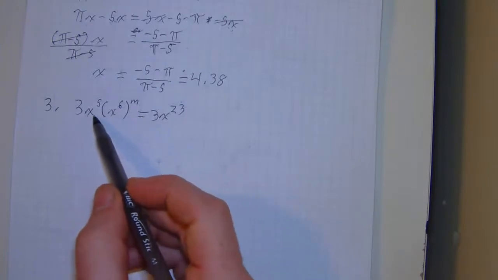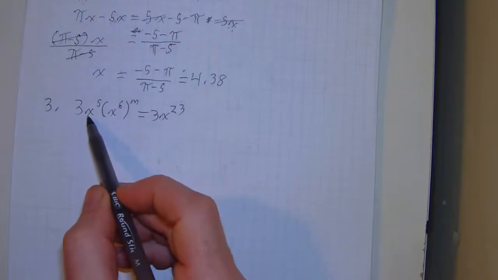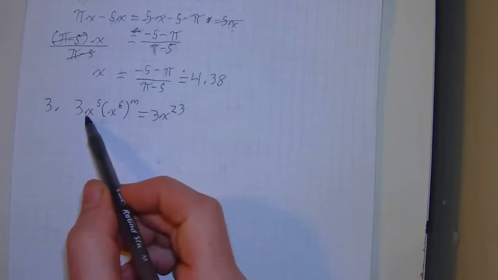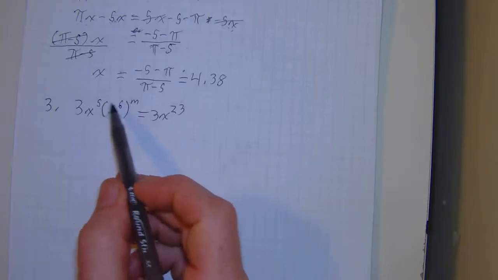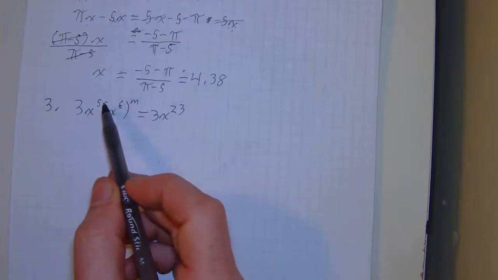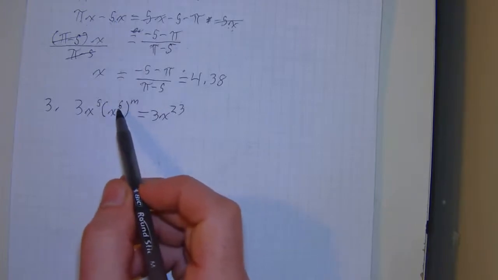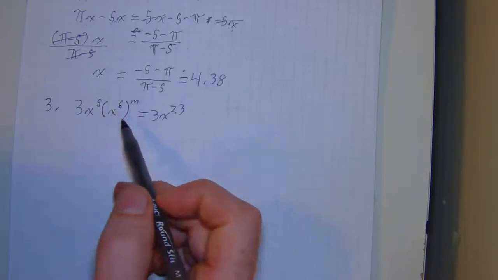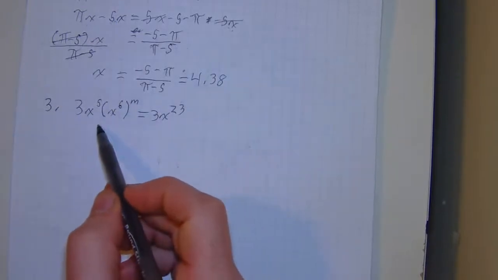A lot of students might think, okay, x to the 5 times x to the 6, I'm going to add the exponents together, because when you multiply two powers with the same base, you just add the exponents. That is true, but it doesn't follow order of operations.